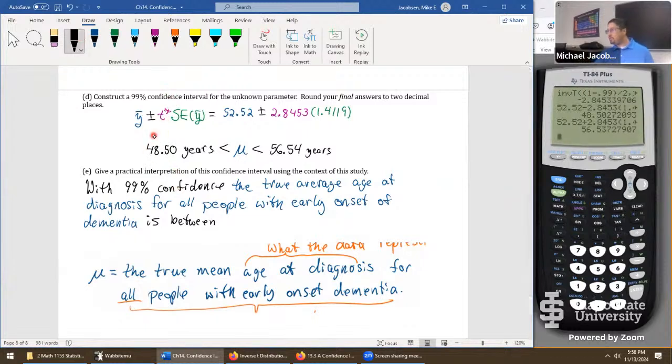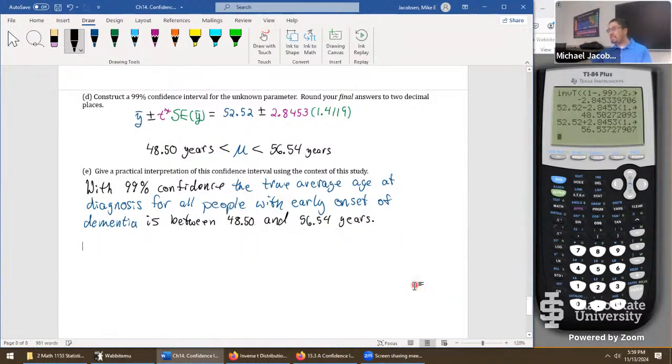So 48.50 years and 56.54 years. Sorry, talking's hard today for some reason. Well, we got it, folks. That's the conclusion to the confidence interval.